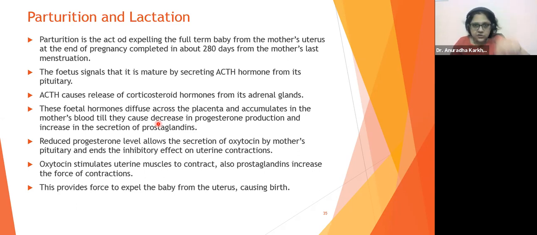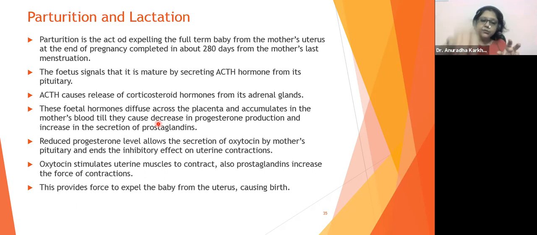And this oxytocin will be released from where? The pituitary of the mother. Now these are the questions which are regularly asked. ACTH is released from the pituitary of the fetus. Correct? Oxytocin is released by the pituitary of the mother. And as more and more oxytocin is produced, the intactness of the uterine membrane will keep decreasing.